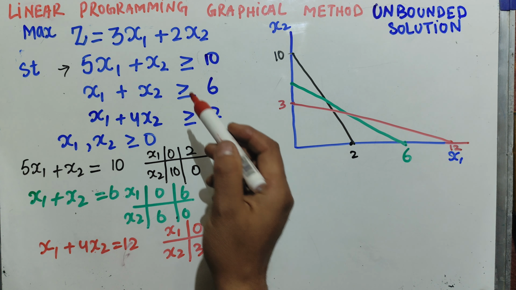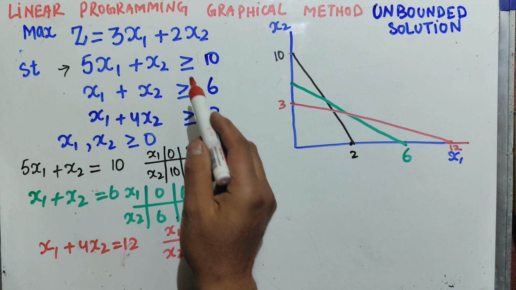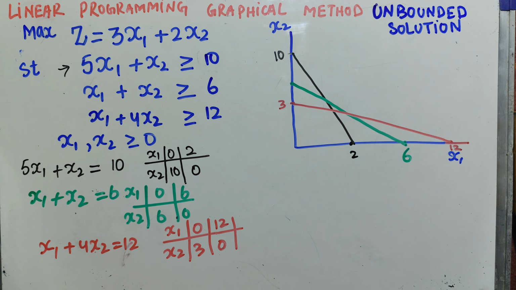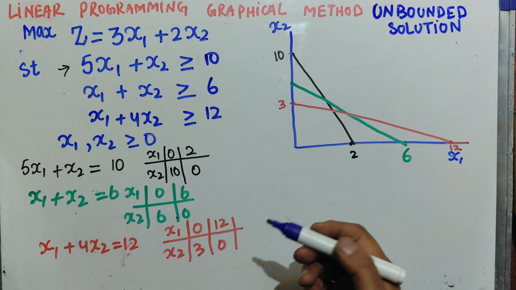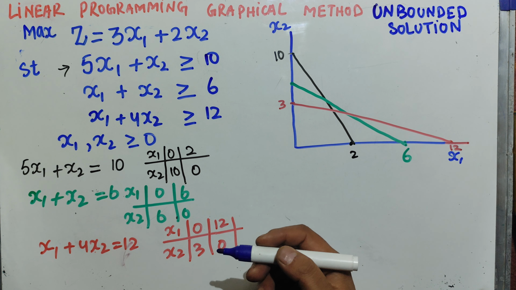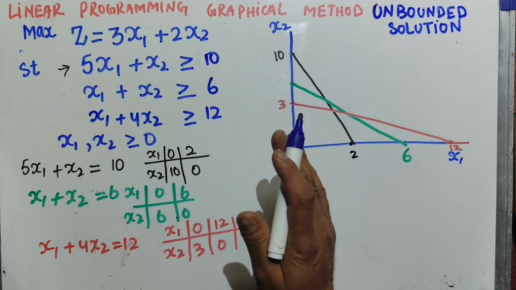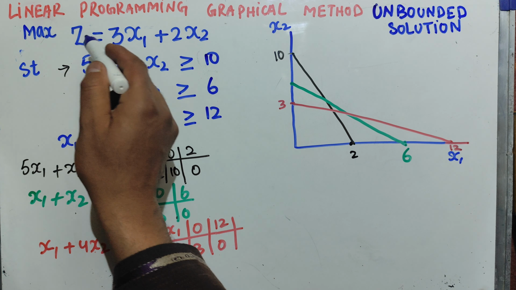Now here you can see we have the greater or equal to sign. So what is the common region? This time we have a problem of unboundedness. This condition applies only to the maximization problem.